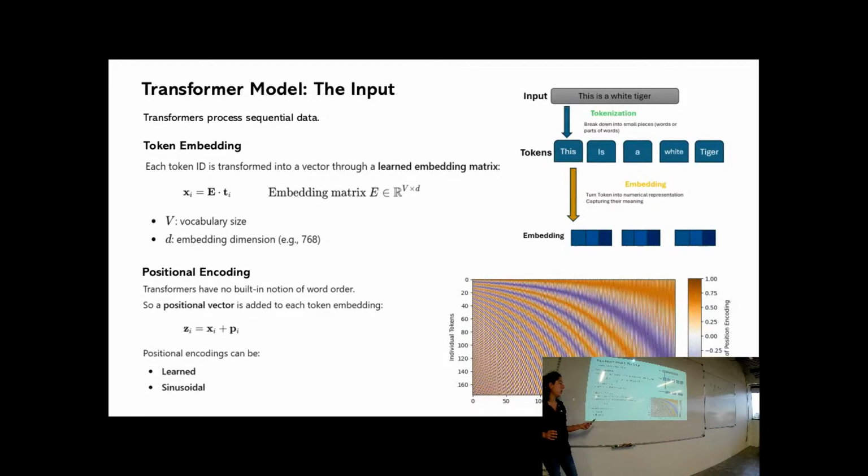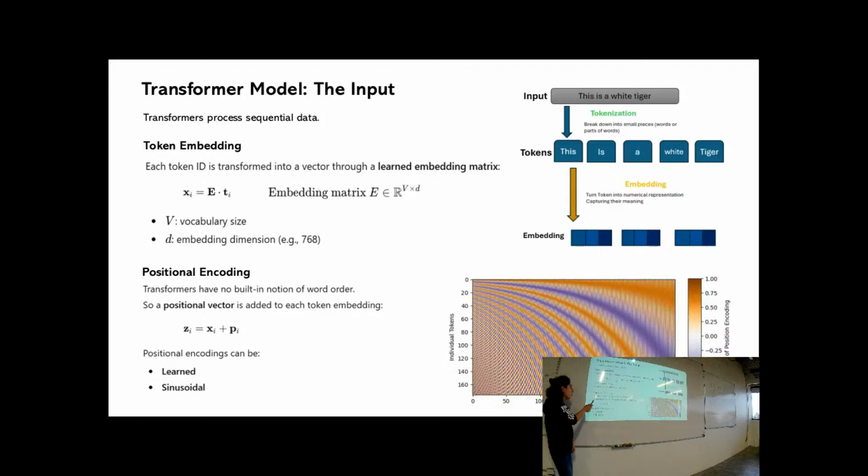Because it gives you unique values for your positions, and also, it gets larger, but you have a sense of the relative distance between the tokens in this way. This is fixed. You just assign real numbers that will correspond to your position.